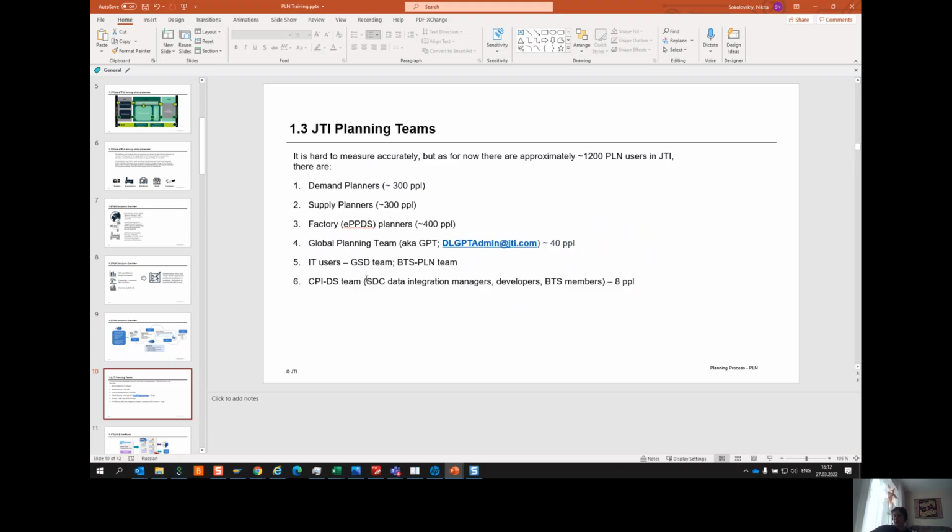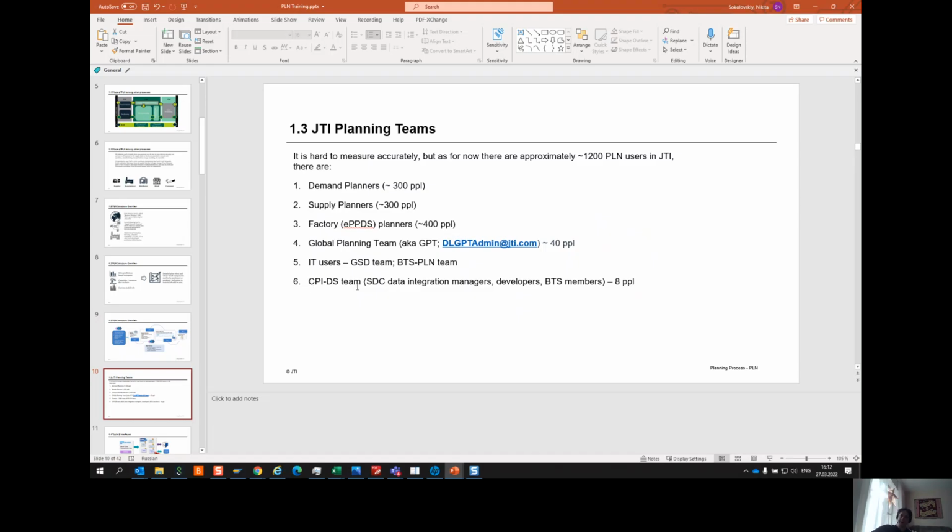Then we have global IT teams: the GSD team, which has access to both IBP and EPPDS, and the BTS PLN team. And finally, I first forgot about this team, but then I thought that it should be mentioned here as a separate one. Finally, we have the CPI-DS team.